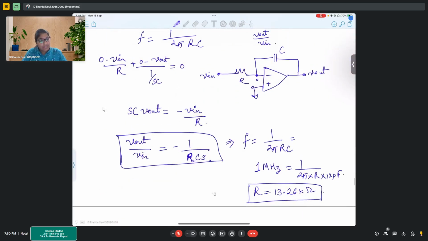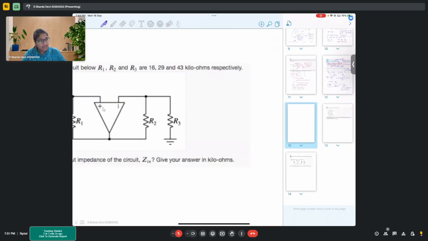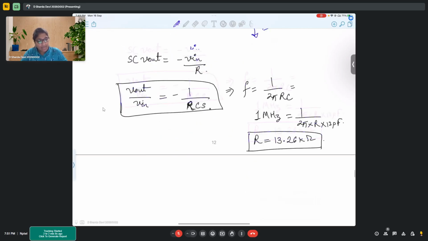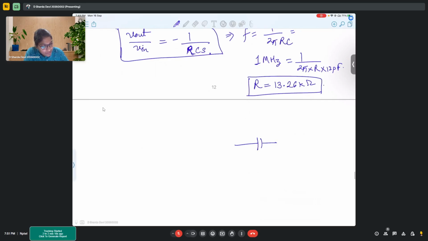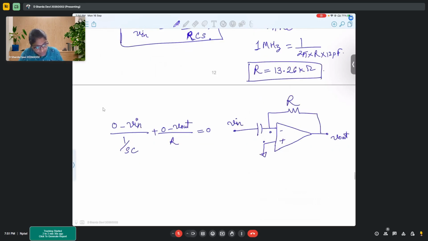So for example, in the same circuit, I'll simply interchange the components. Here there was a resistor followed by a capacitor, right? Let me draw it like this. There is a capacitor followed by a resistor. All other things remain the same. So this is V out, this is V in, ground. Here 0, here 0. So 0 minus V in, 1 upon SC, plus 0 minus V out by R equal to 0.